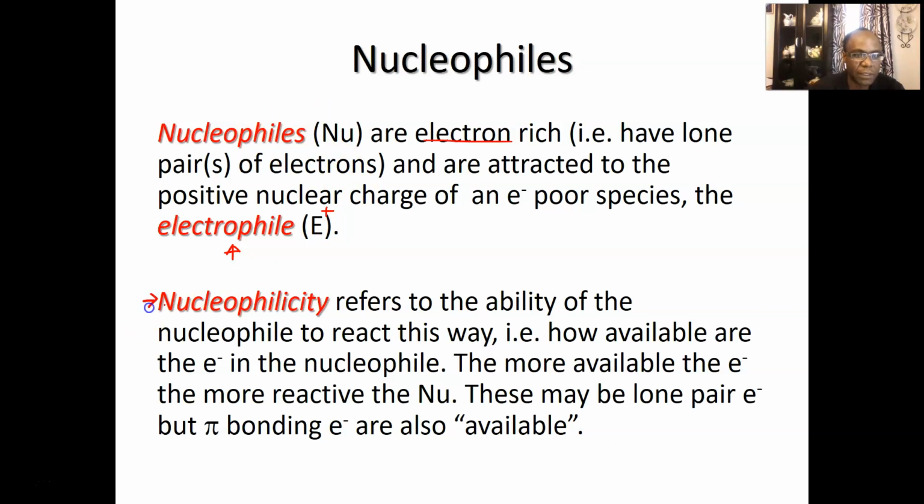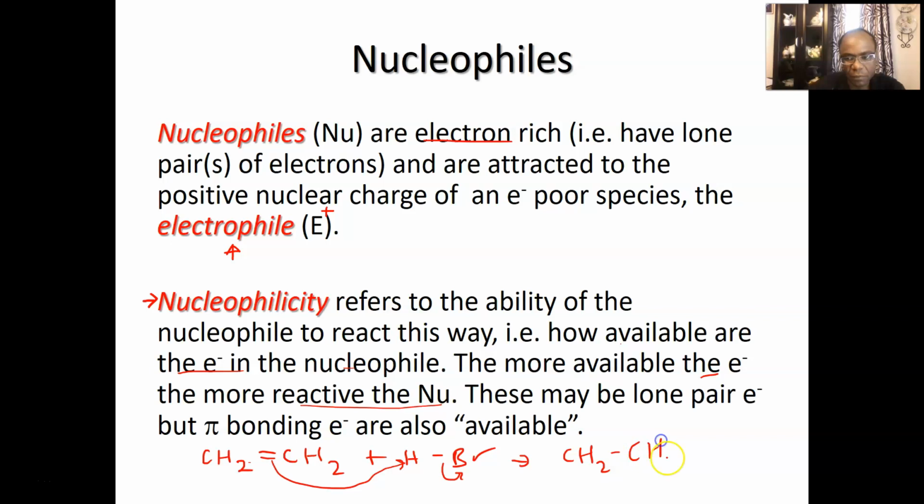Nucleophilicity is the ability of the nucleophile to attack. So that goes with how available the electrons are in the nucleophile. The more available the electrons, the more reactive the nucleophile. So it can be neutral, like in alkenes. Remember, we used alkenes to attack acids, where we formed our carbocation.